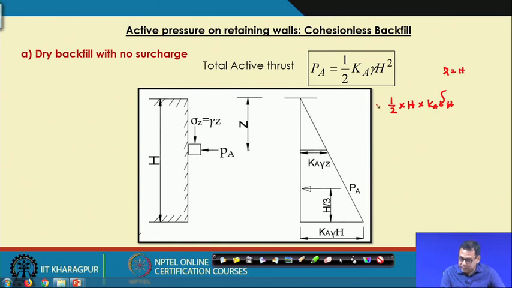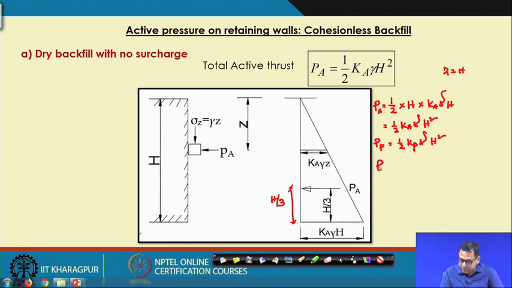So, P a is equal to half K a gamma h square, and it will act at a height of h by 3 from the base of the wall. If it is passive, then P p will be half into K p gamma h square.